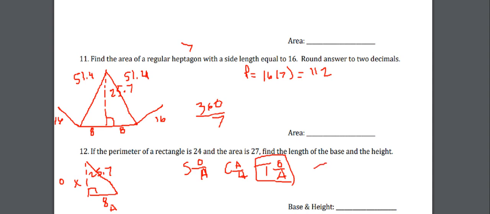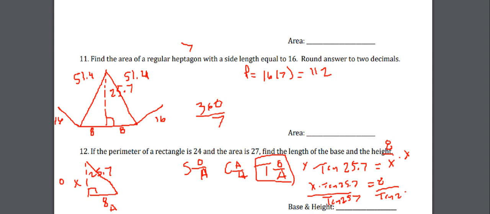So the tangent of the angle 25.7 equals opposite 8 over x. I multiply both sides by x, and then divide by tan 25.7. We won't skip a step. So x equals 8 divided by tan 25.7, and that's what we're putting into our calculator.